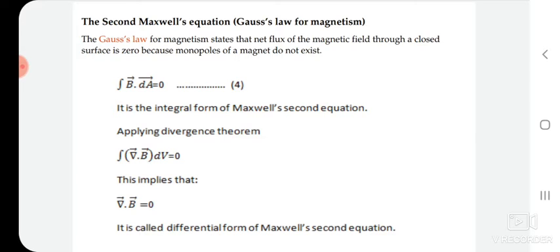This implies that the multiplication of del dot B and integration of dV is equal to 0. But integration of dV is not equal to 0. That's why the inner bracket term, that is del dot B, is equal to 0. It is called the differential form of Maxwell's second equation.